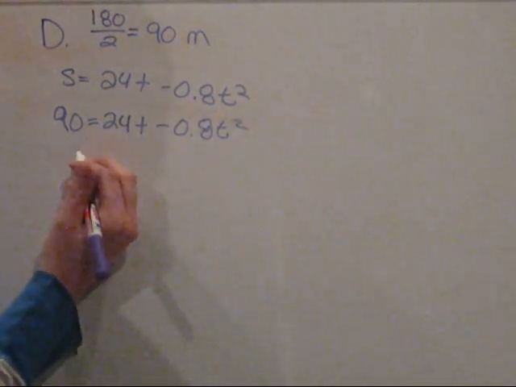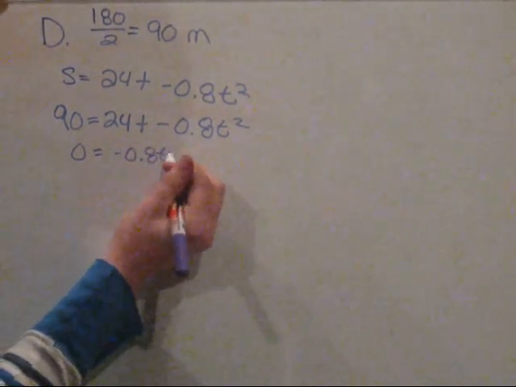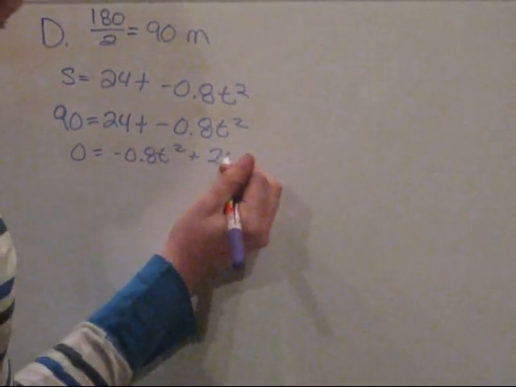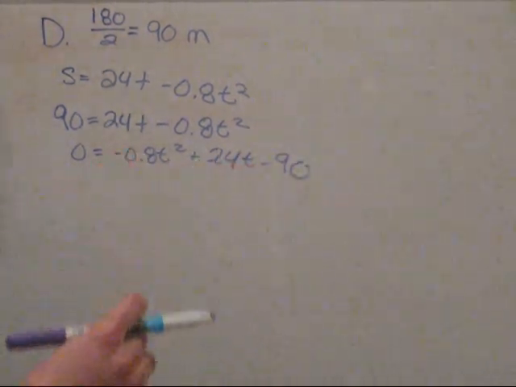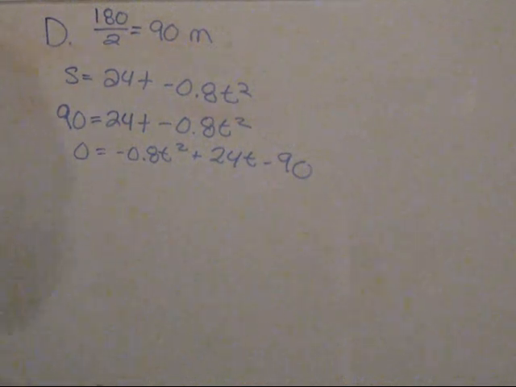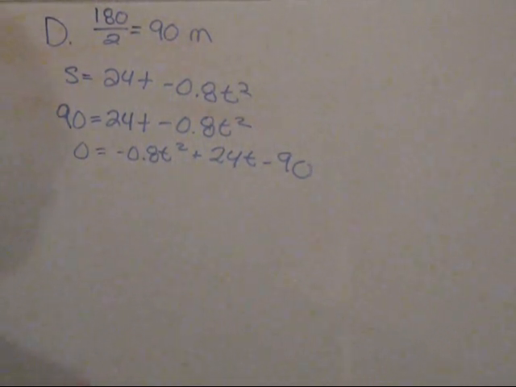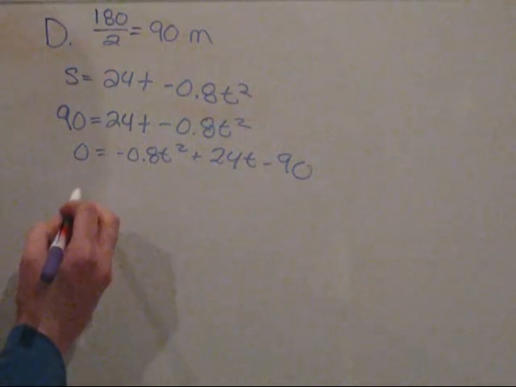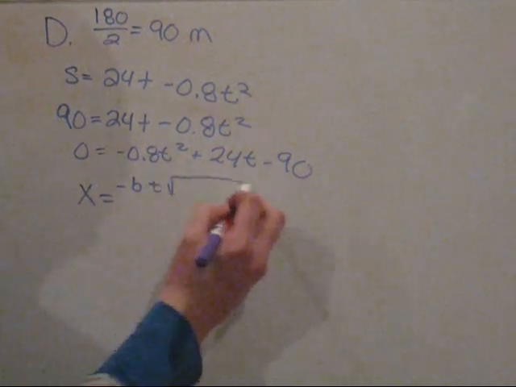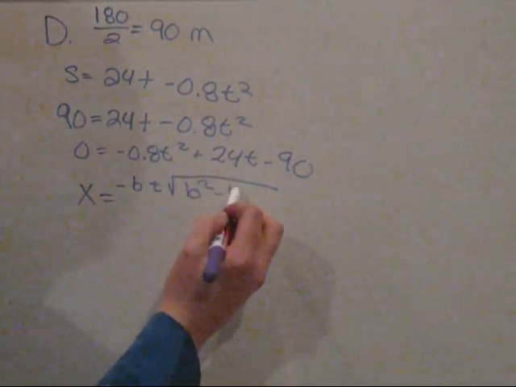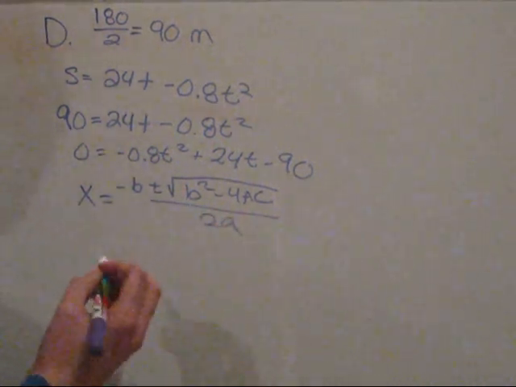You subtract 90 from both sides, so you have a quadratic equation. And this quadratic equation would be very difficult to factor, so we're going to use the quadratic formula, which is x equals the opposite of b plus or minus the square root of b squared minus 4ac all over 2a.